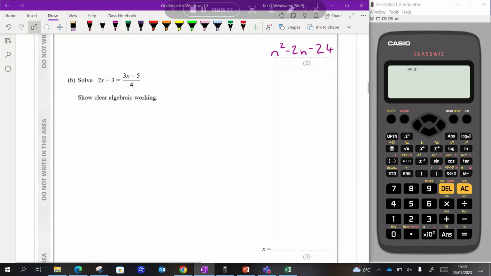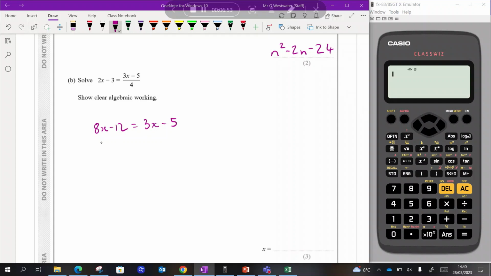And 5b, whenever I see a fraction in here, I always think, okay, let's multiply through by the denominator. So multiplying through by 4, we have 8x minus 12 on the left-hand side equals 3x minus 5.